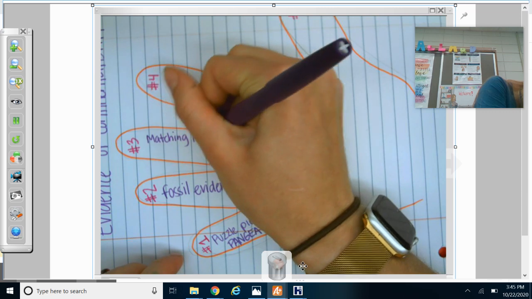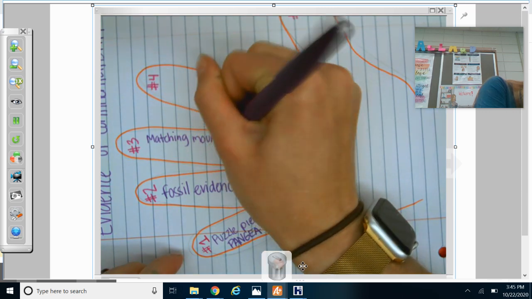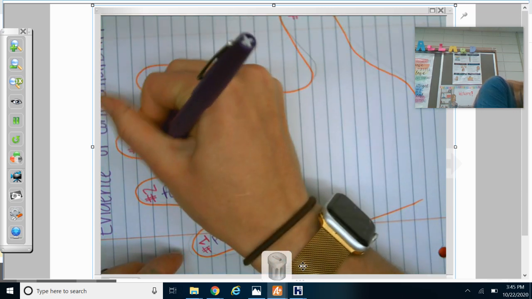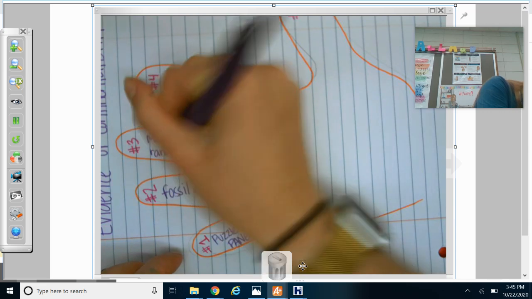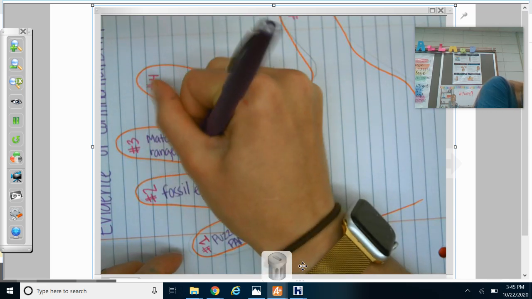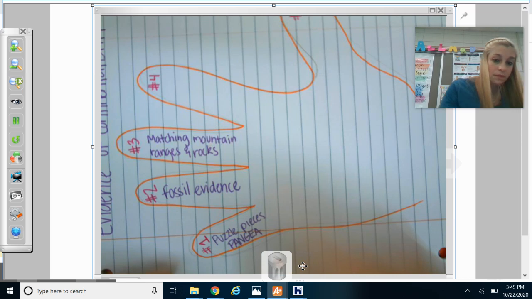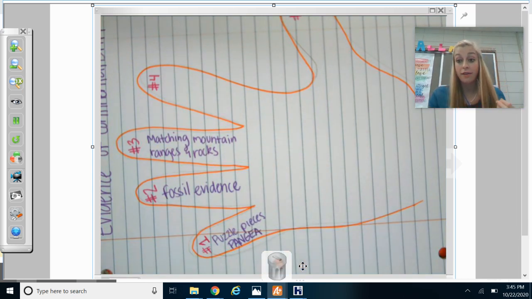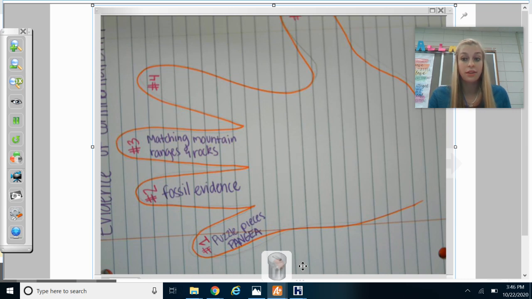Remember, we have mountains in North America that are very similar to the mountains in Africa. It looks like they line up.